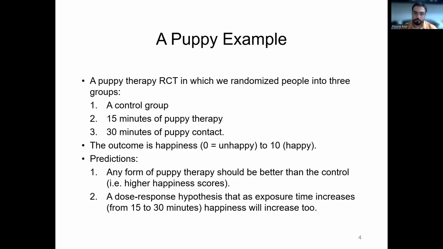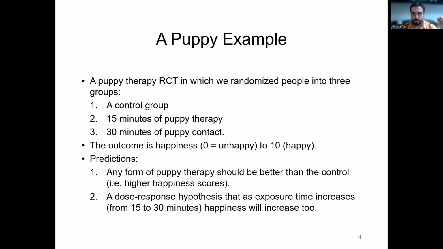We have a control group, 15 minutes of puppy therapy, and 30 minutes of puppy contact. Our outcome variable, our dependent variable, is happiness. Happiness is a scale from 0 representing unhappy to 10 happy.